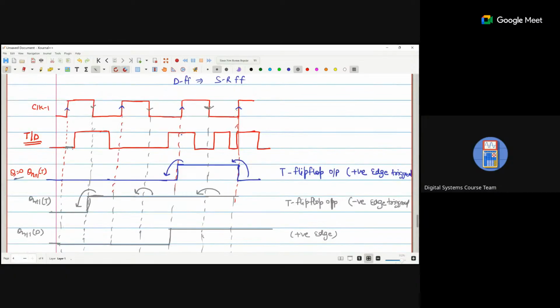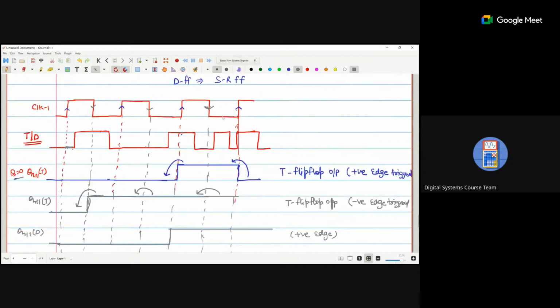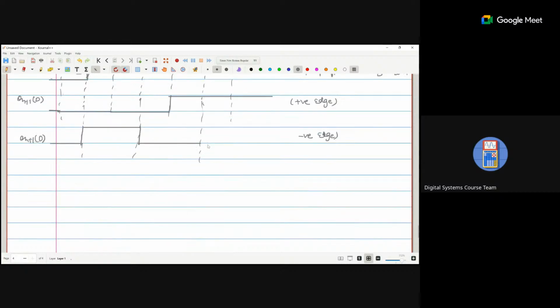At the next negative edge, input is 0, so output is 0. At the next negative edge, input is 0, so output is 0. For this one, this is the previous. For this stage, this one is the previous.